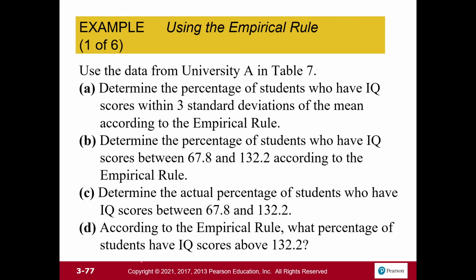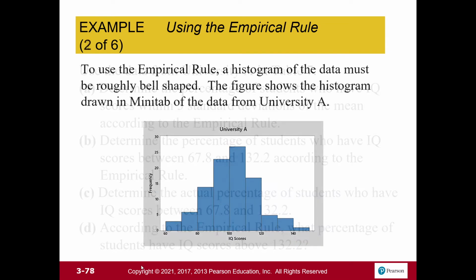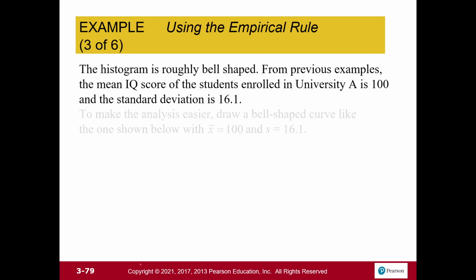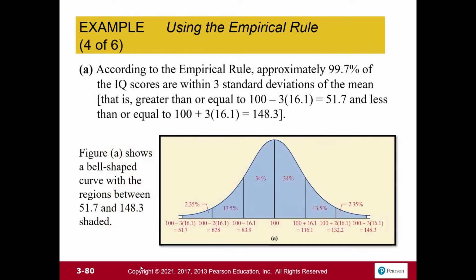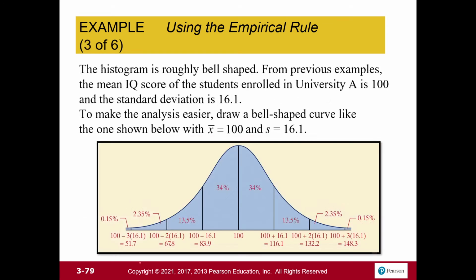There are a lot of different questions that could be asked based on the empirical rule. So for example, here we have the situation where the mean is 100 for IQ scores, and the standard deviation is 16.1. So we can fill out the normal distribution. The IQ scores are normally distributed, a bell-shaped curve.